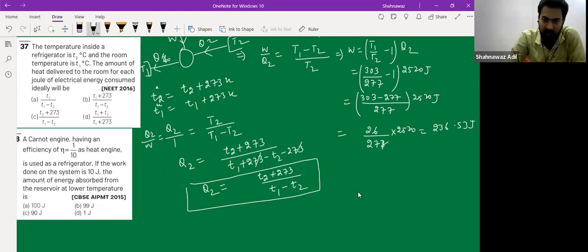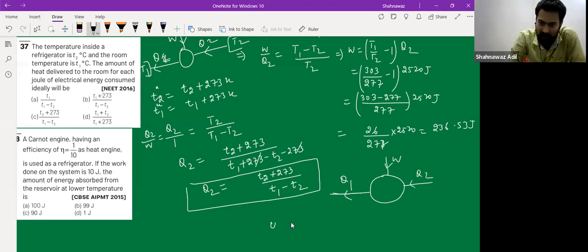So now we can apply total energy conservation. Again, I am saying always remember this diagram. If you remember this diagram, the questions become simpler, right? So your Q1 is how much? W plus Q2, right?